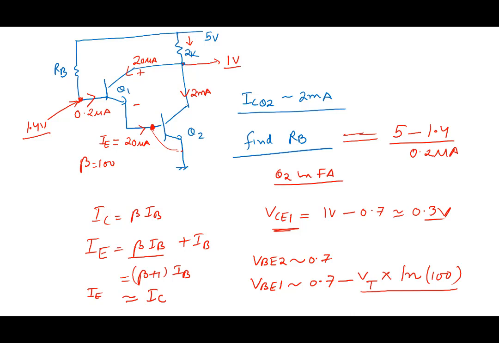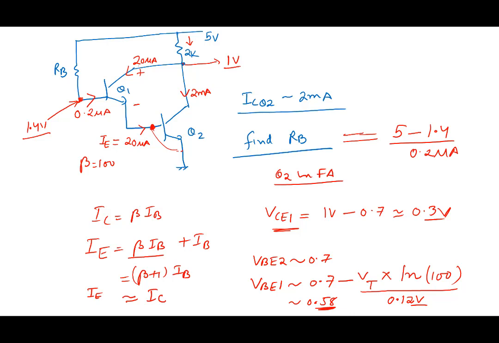So sometimes you see people taking that. For example, this value turns out to be 0.12 volt. So instead of 0.7, some people may take it as now 0.58, or 0.6, a little less than that, because it's carrying so much less current.